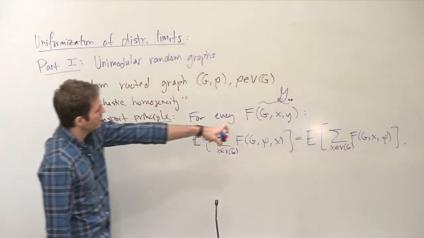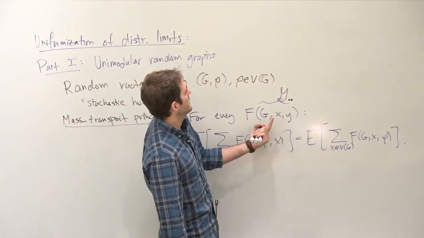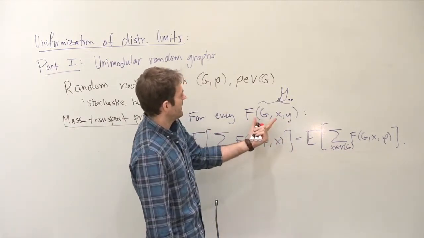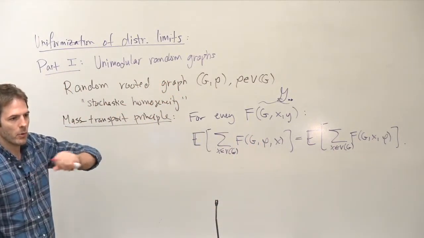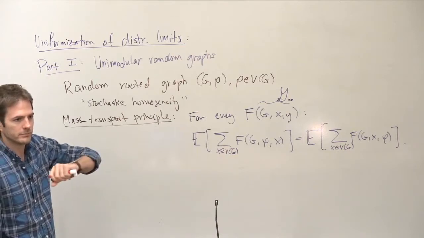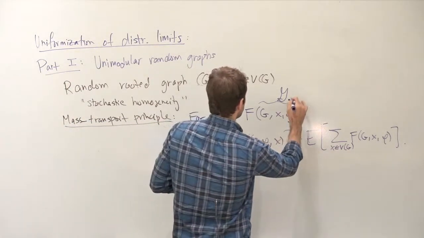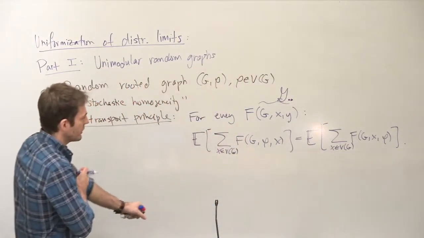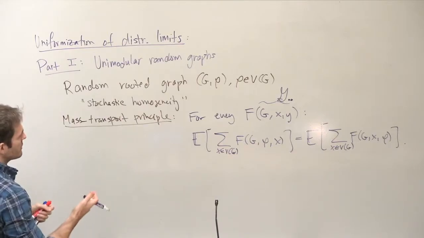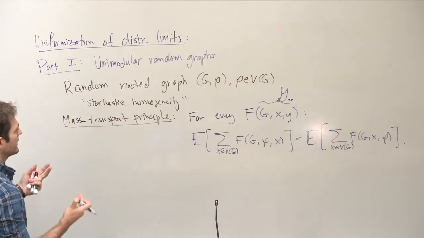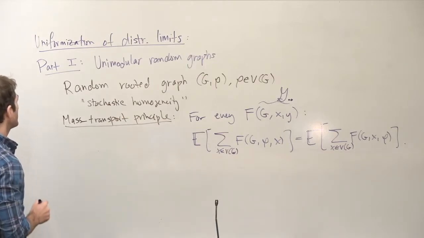When you see this (G, x, y), I call (G, x, y) and (G', x', y') the same triple if there's an automorphism taking x to x', y to y'. That's a graph isomorphism. Does it satisfy your guess? Okay, good. So the functional is a functional on, basically, all the objects here, the rooted graphs, which are considered up to rooted isomorphism. Okay, so that's a unimodular random graph.